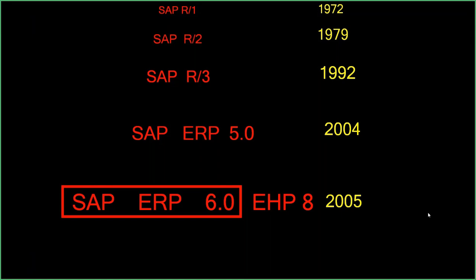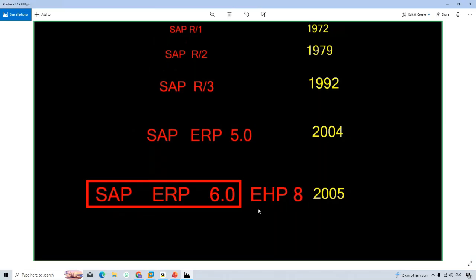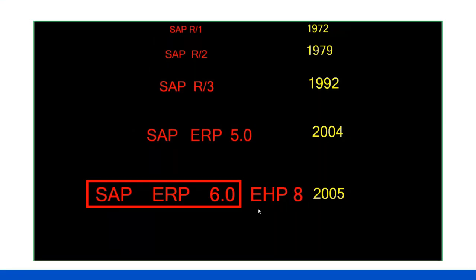In ERP, the latest version is EHP 8. So we have EHP 1. So we have the versions.